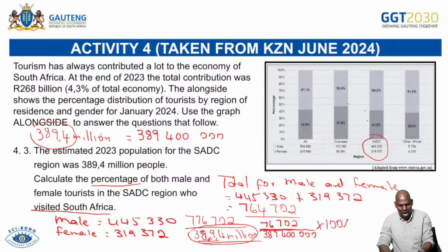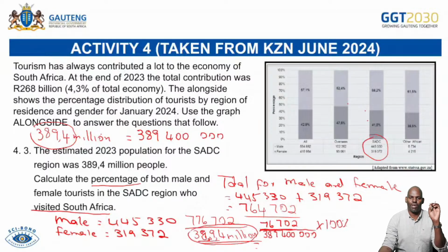Can you see that I'm talking big numbers here, boys and girls? So it means you must also be able to read and also be able to write these big numbers as ordinary numbers. So 764,702 divided by 389,400,000.